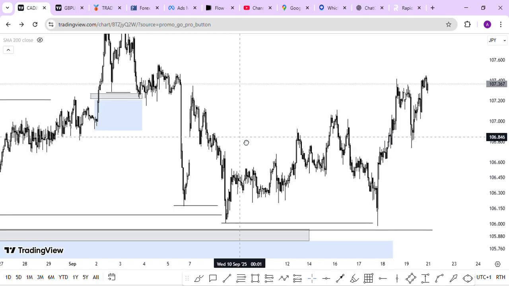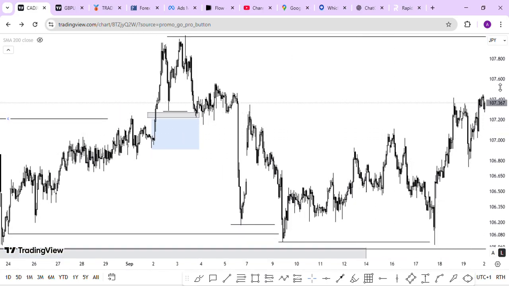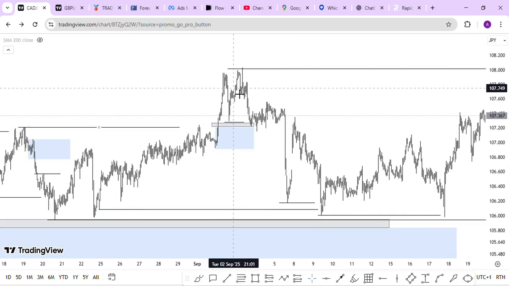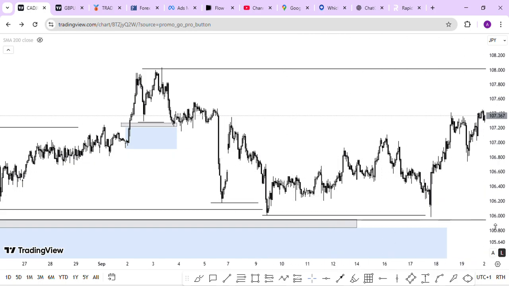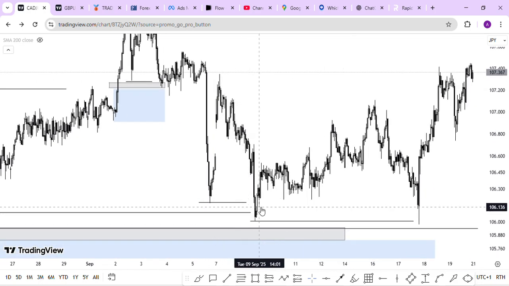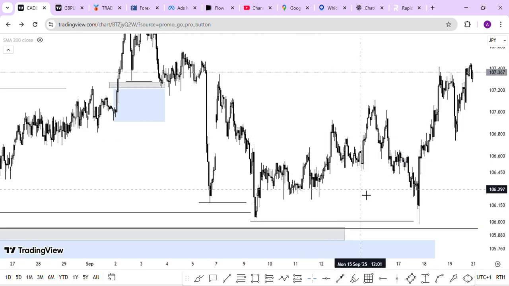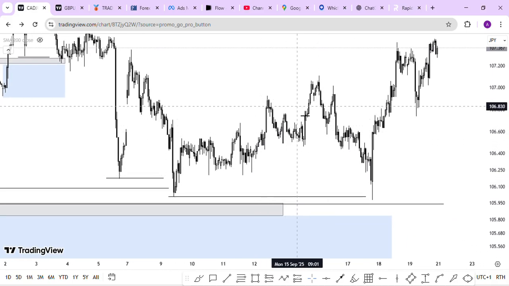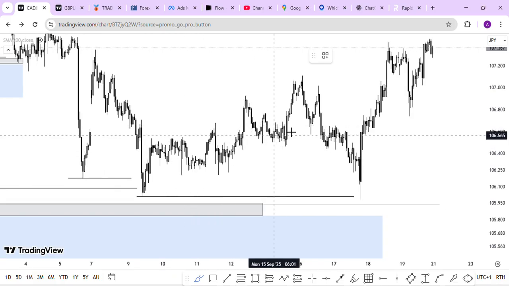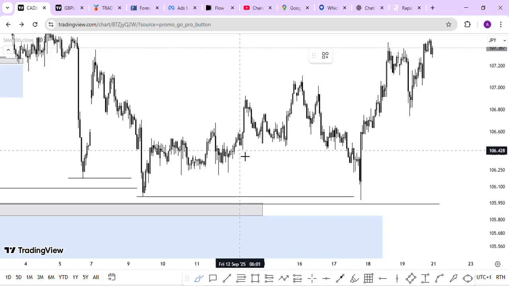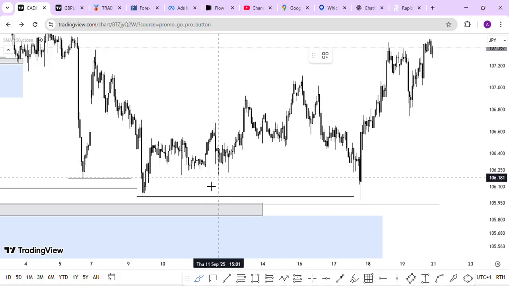You can see, if you look at 1 hour structure, after it comes down, when market got to this level, it started giving bullish momentum. And when market was creating bullish momentum, 1 hour looks too noisy, but I'll still figure it out. You can see that this is not a break of structure because market refused to take out inducement. So all these are just liquidity that the market is gathering.